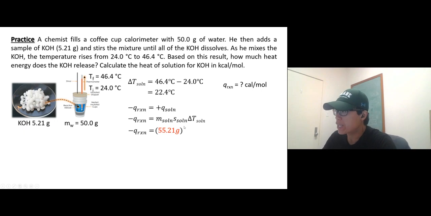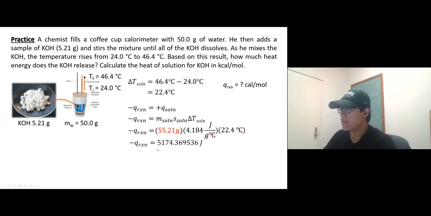The specific heat, we still use the specific heat of water because the property of water doesn't change that much. And delta T, the temperature goes up 22.4 degrees. So the solution gains heat and the temperature goes up. Do the math there, and you should get this number.